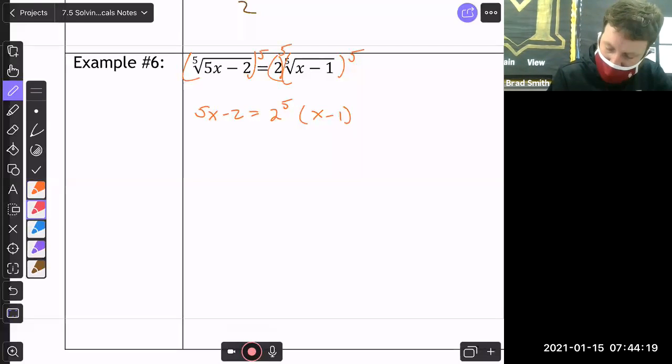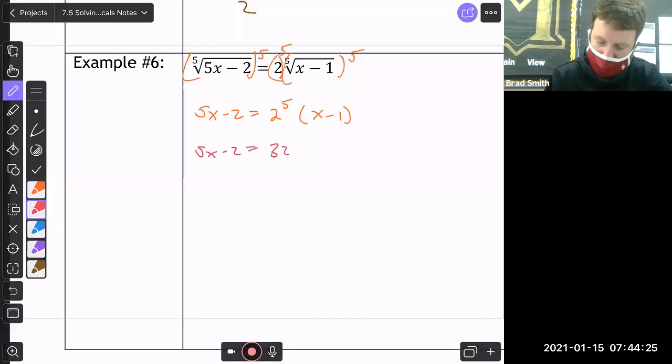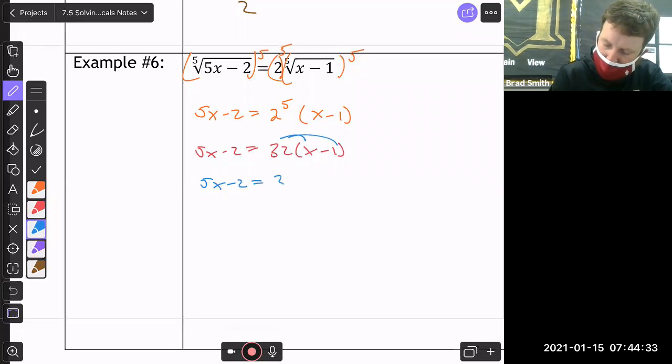So solving this, I got 5x minus 2 equals 2 to the 5th. So 2, 4, 8, 16, 32. x minus 1. I have to distribute this. So 32x minus 32. Now let's combine like terms. So minus 5x, add 32.